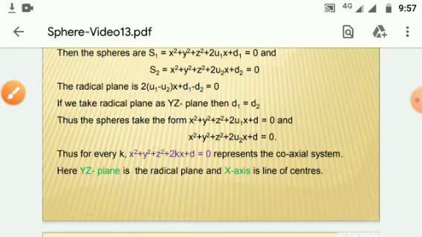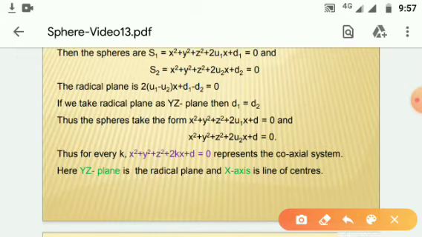This is the common equation of the coaxial system, x square plus y square plus z square plus 2kx plus d is equal to 0. For every value of k, this represents the coaxial system.